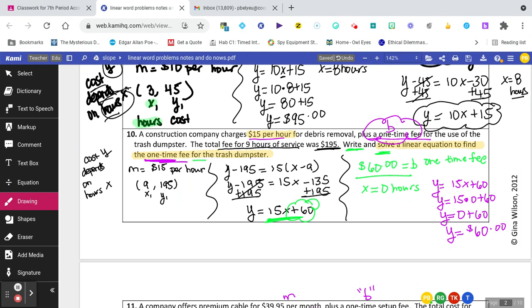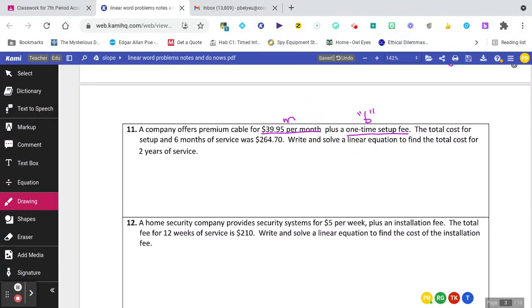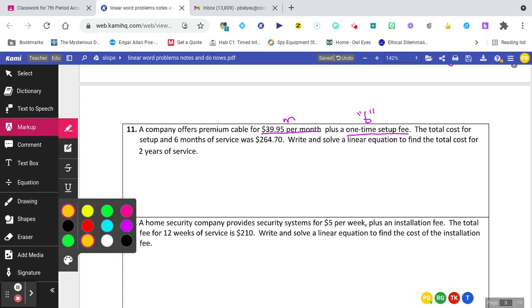That was a short way to solve it, to just locate B. But here we may not need it. If it asks us for the one-time setup fee, we'll just look at what our B is, okay? But I already know that this is my slope.